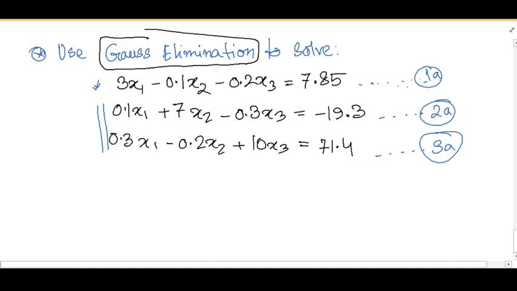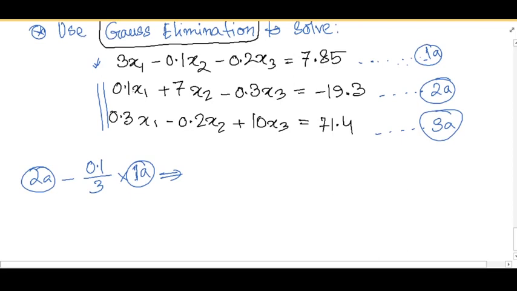We'll have to multiply 1a by 0.1 by 3, as you can see here, and subtract it from equation 2a. So 2a minus this will give us a new equation where the x1 term is cancelled out and the remaining terms stay.